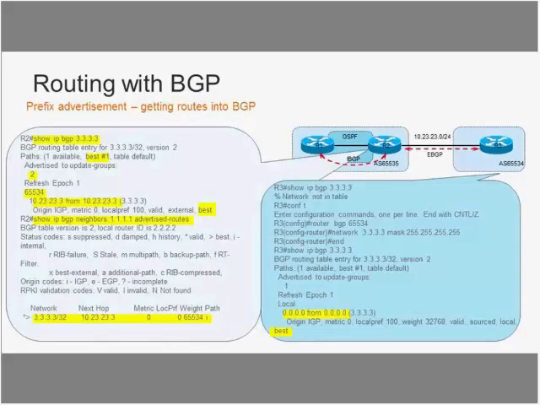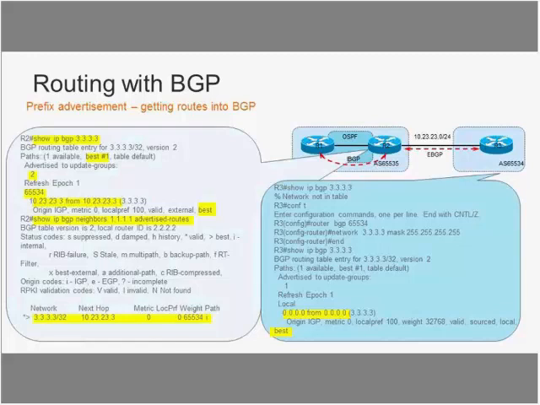Okay, so we'll look at how the prefix advertisement works. If you look at router 3, you have show IP BGP 3.3.3.3, and you configure the network statement, network 3.3.3.3 mask 255.255.255.255, and you see that in the local BGP table on R3 on the right-hand side, you have the next hop 0.0.0.0, which means it is advertised locally.